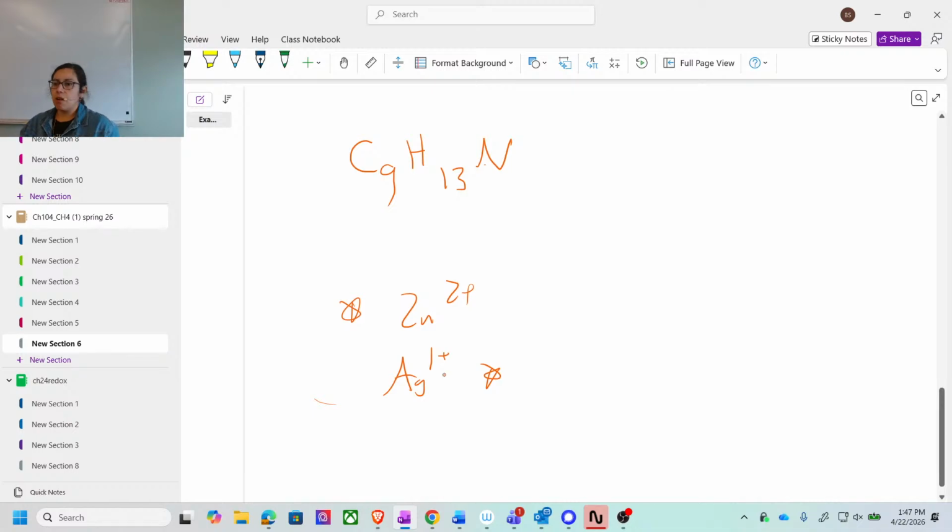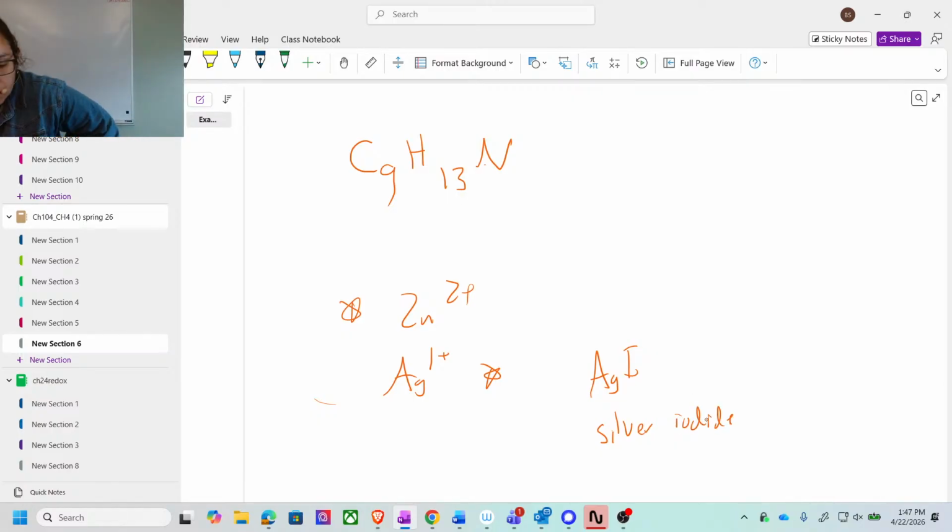But for our Gen Chem 100 level purposes, we're just saying silver is always 1 plus, so we don't need to name it. That means AgI is silver iodide, so we don't need to say silver(I) iodide. We're always going to be dealing with 1 plus in here.